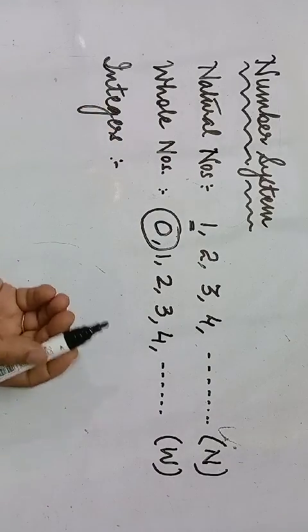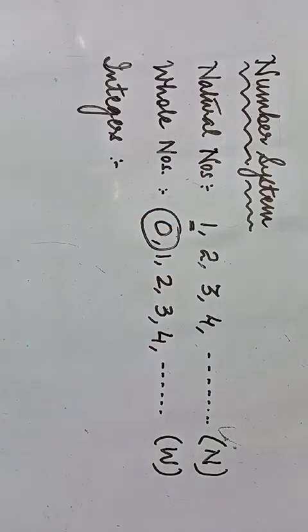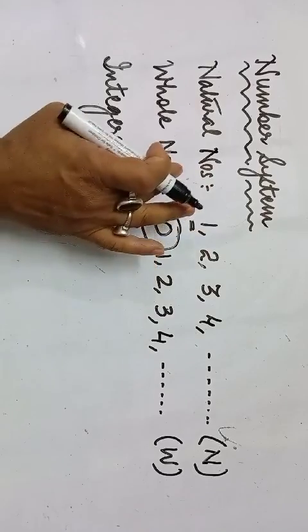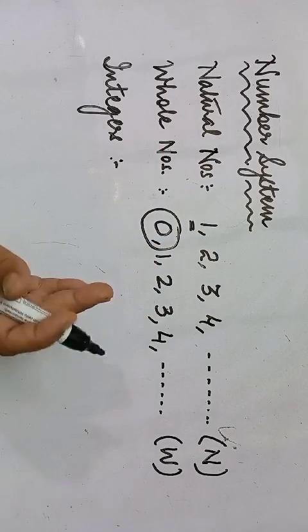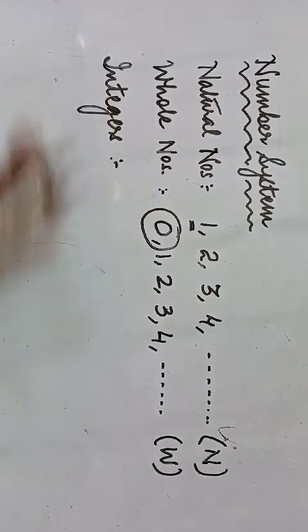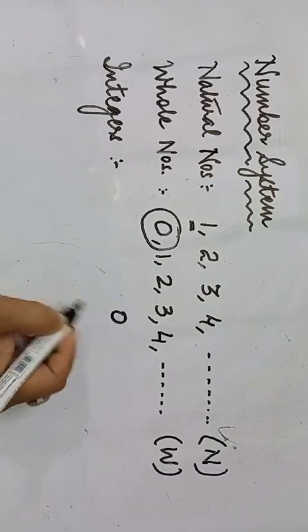Just like you start from a particular number and then you go on up to infinity in these two cases, in integers case, it goes to infinity on either side. So let's have 0 in between.